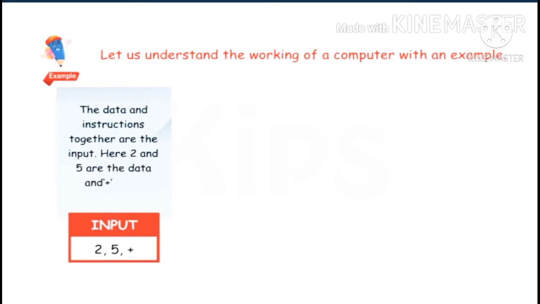Let us understand the working of a computer with an example. The data and instruction together are the input. Here 2 and 5 are the data and plus is the instruction.